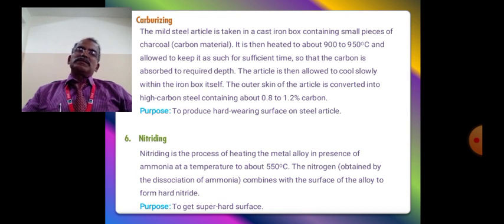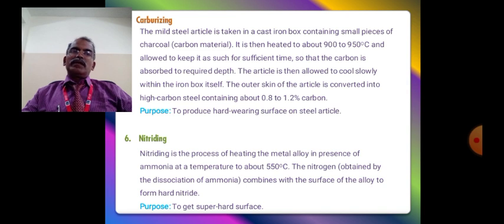The outer skin of the article is converted into high carbon steel containing about 0.8 to 1.2 percent carbon. The purpose is to produce a hard bearing surface on steel articles.